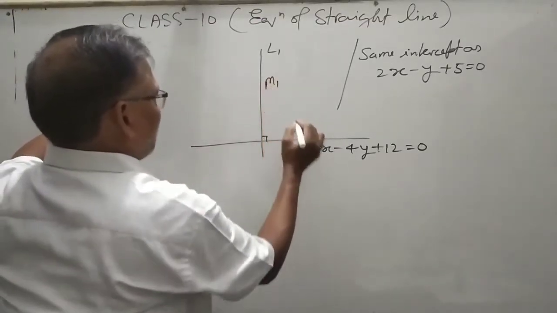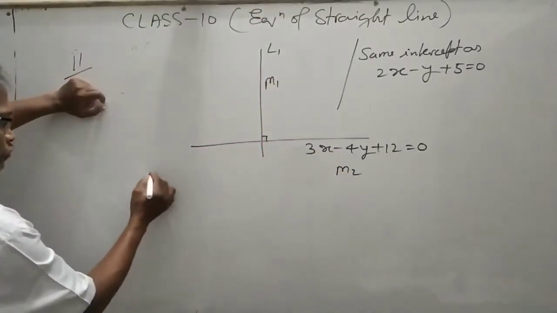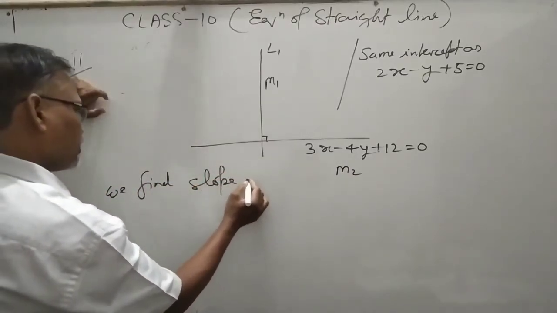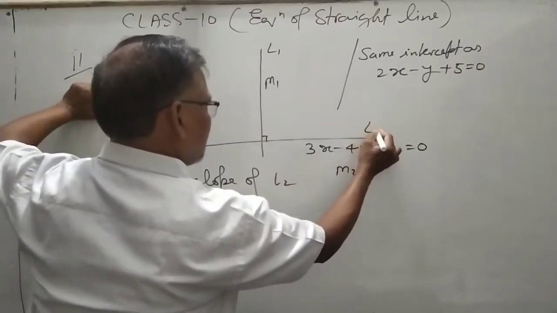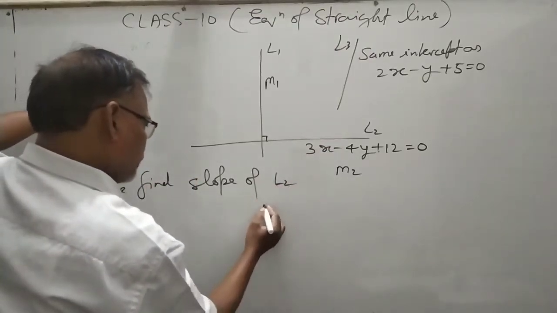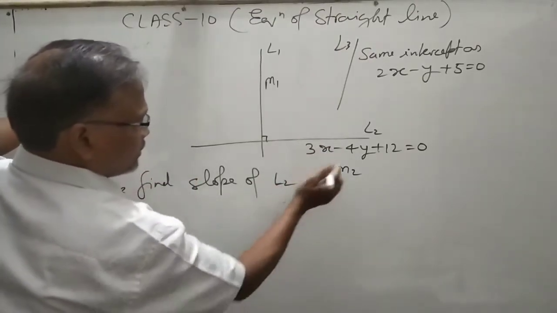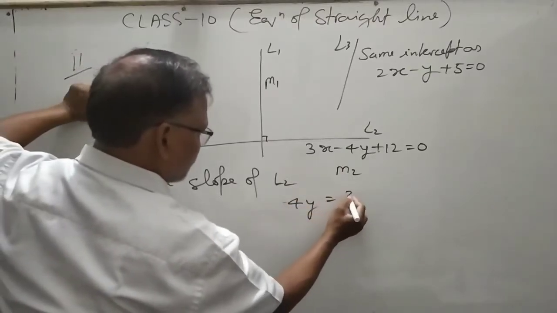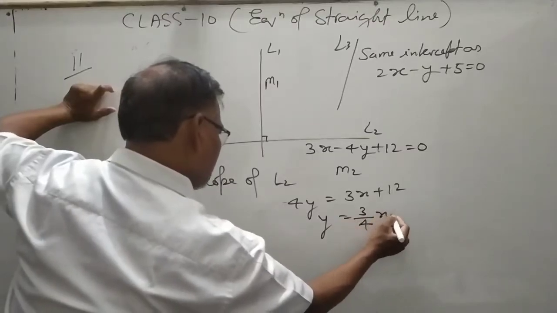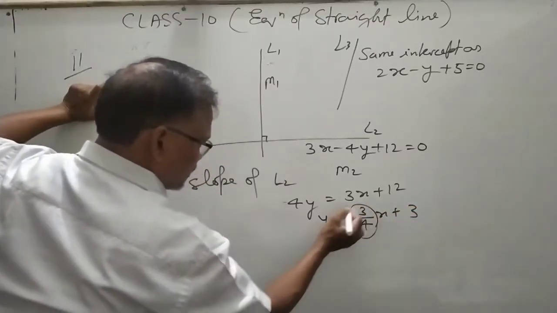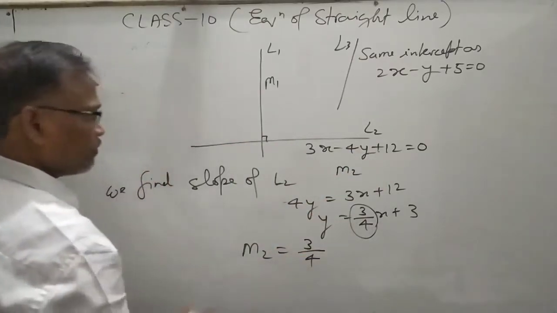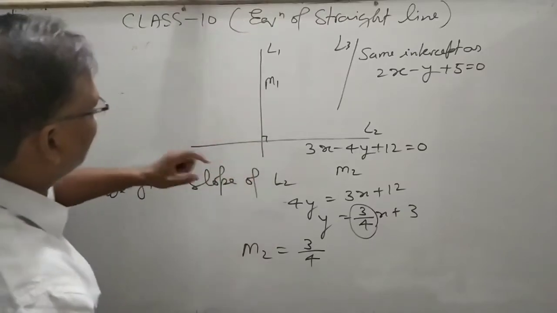So if we take the slope of this as m1 and this as m2, first you find the slope of L2. 4y is equal to 3x plus 12, or y is equal to 3 by 4 x plus 3. So the slope of line L2 will be m2, and that is 3 by 4.